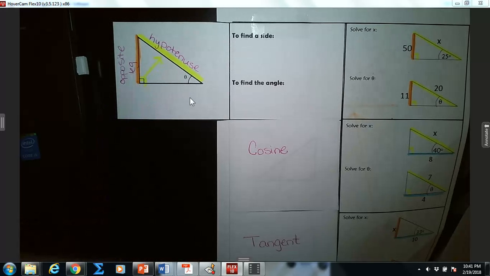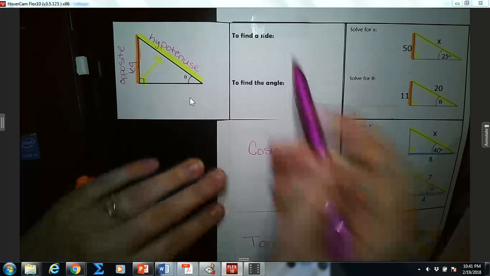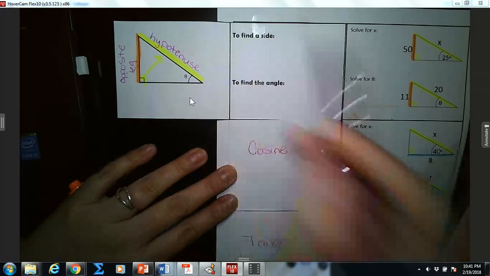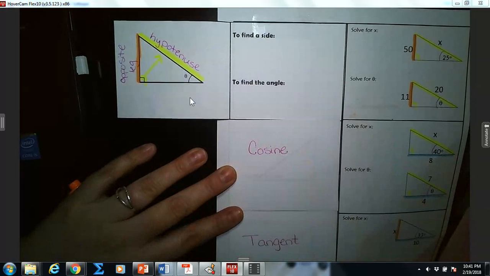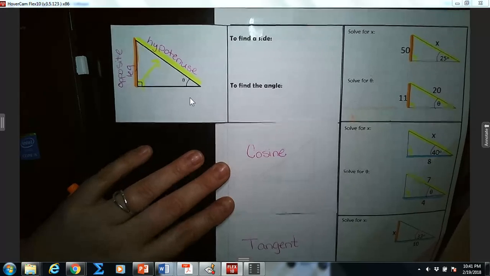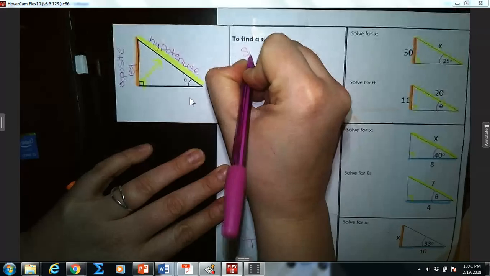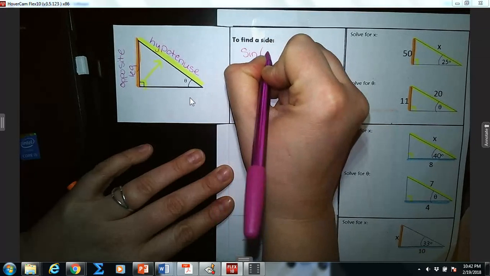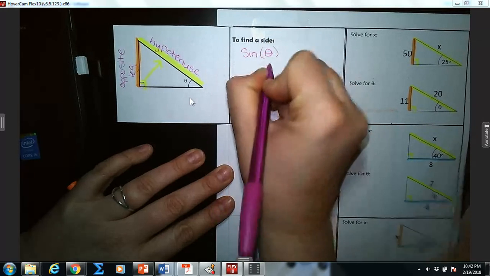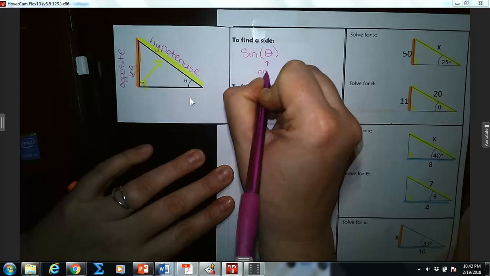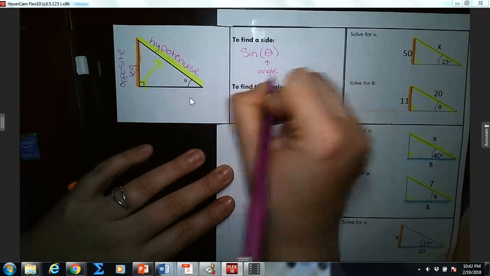Okay, so to find a side value, here's the setup. Now this is brand new, so take your time writing it down because you're going to need it. We're going to take the sine function of theta, which is our angle. Remember, that's our angle of perspective.